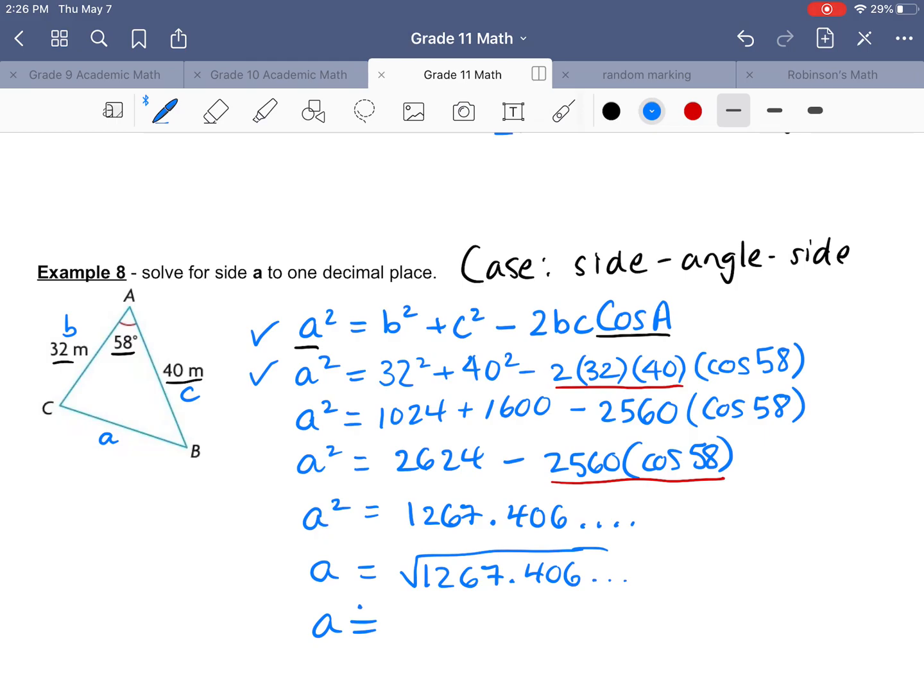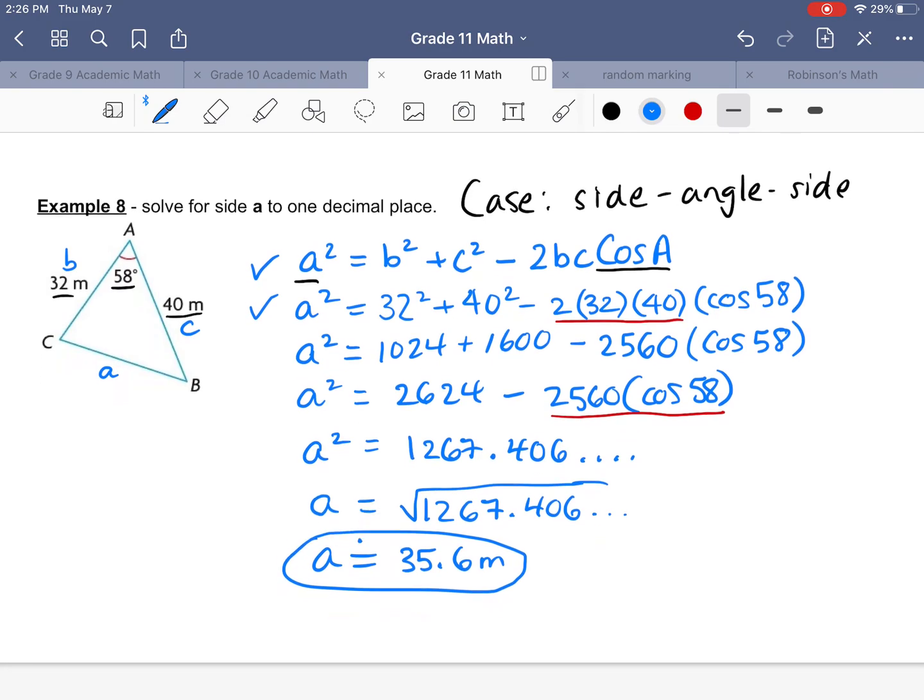And you should get that a is approximately 35.6 meters. And notice again, we're rounding our side lengths to one decimal place, just like we've done before.